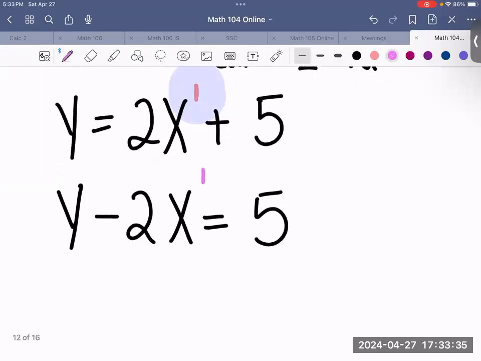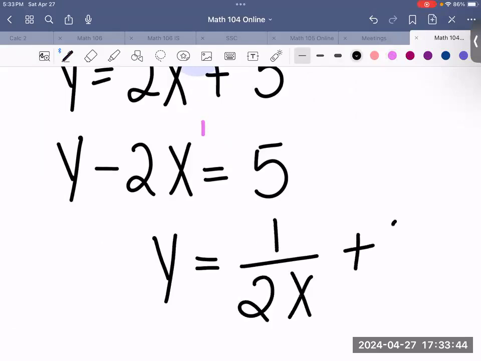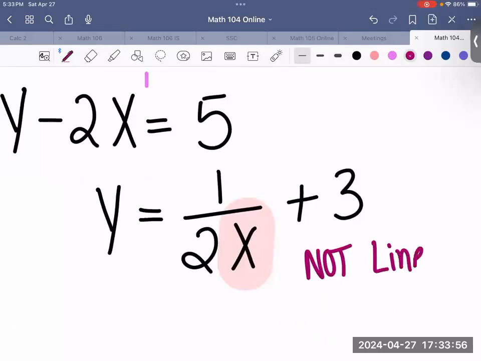Now, one other thing. If you have any variable, let's say we have y is equal to 1 over 2x plus 3, anything like that. If your x is now located in the denominator here, that is not linear. So your x value has to be in your numerator.